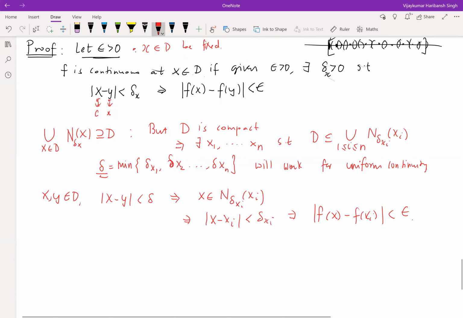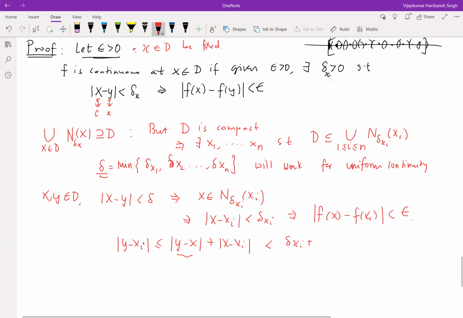Now, similarly, what do we have? We have |y minus xi| is less than or equal to |y minus x| plus |x minus xi|, right? Now |y minus x| is less than delta, so it's going to be less than delta xi.